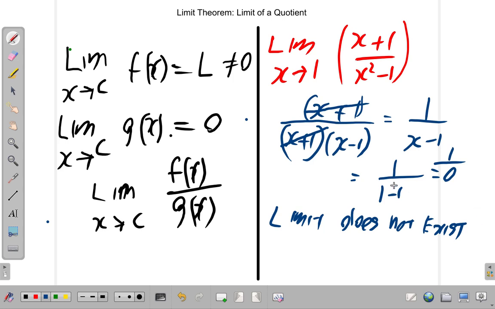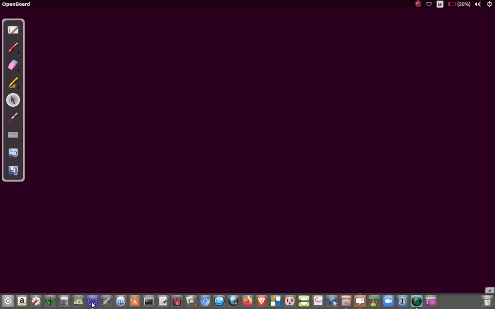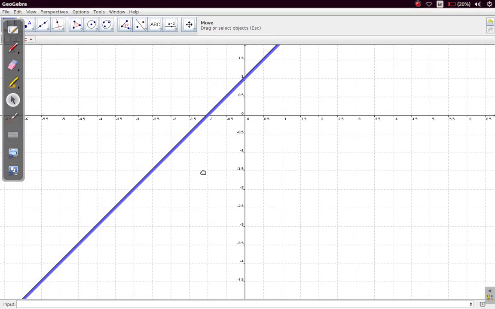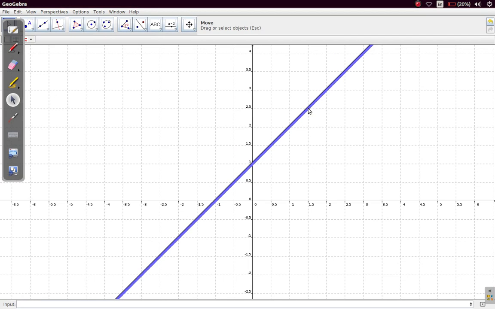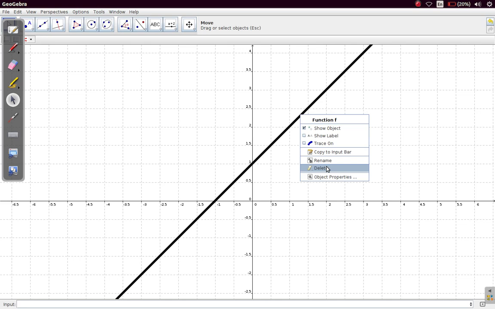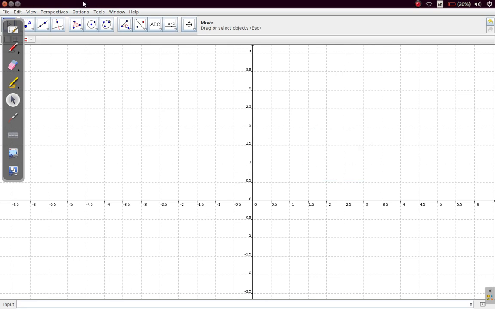Now, let us look at the graph of the second to last function and the last function as well. Let's erase this old graph here. Now, the second to last function we had was x minus 1 over x squared minus 1.